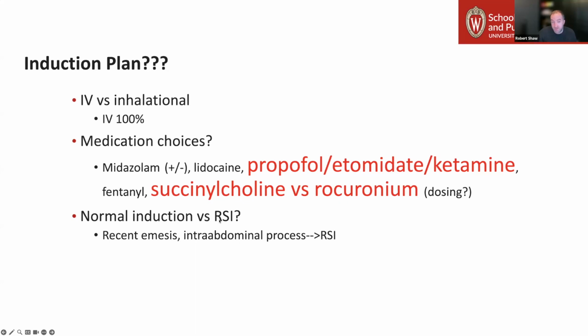Comparatively, in a rapid sequence induction, we push all of our medications at the same time, our hypnotic agent, analgesic agent, and the neuromuscular blocker, and intubate pretty immediately after. In this instance, a majority of anesthesiologists would likely do a rapid sequence induction because of that recent emesis and the intra-abdominal process that's occurring.